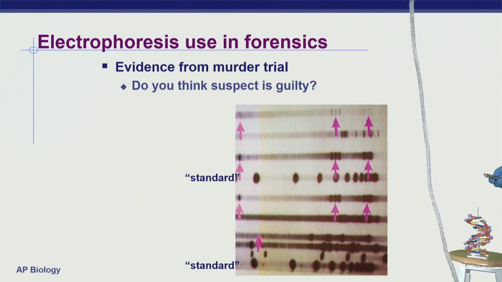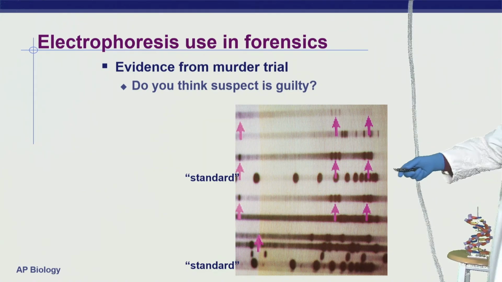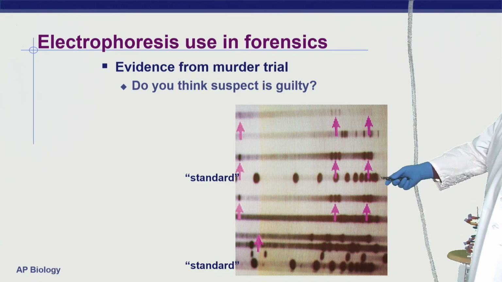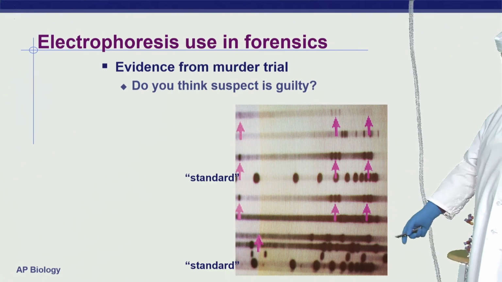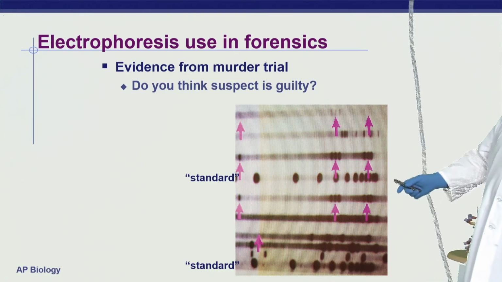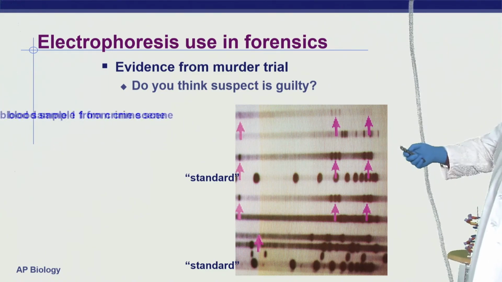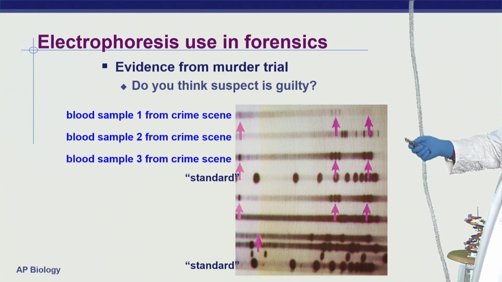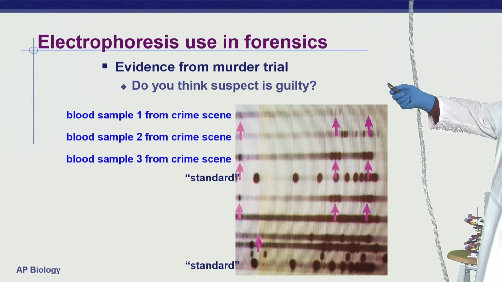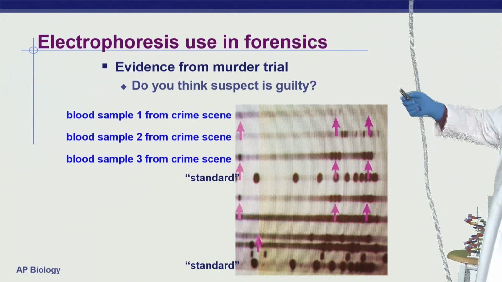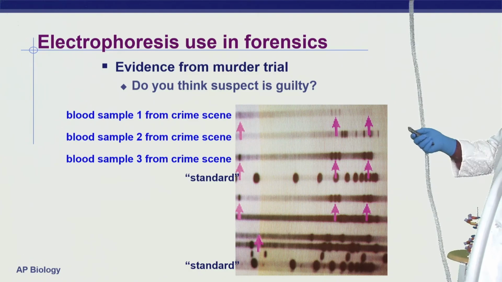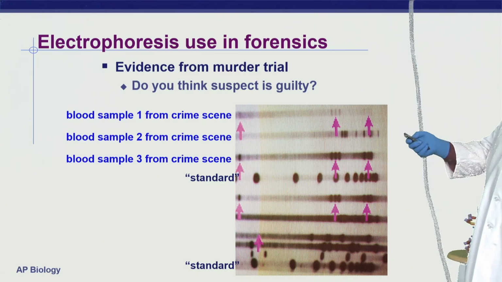This is from another murder trial. This one here is just standards that are run for comparison, as is the one at the very bottom. So we have samples of blood from the crime scene. That's the top three samples.